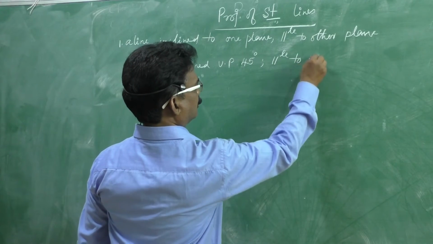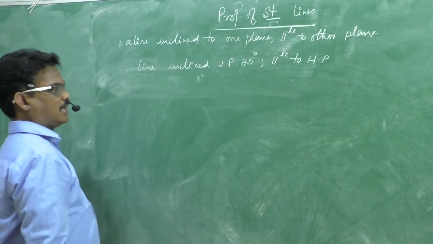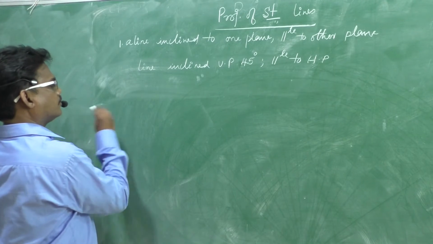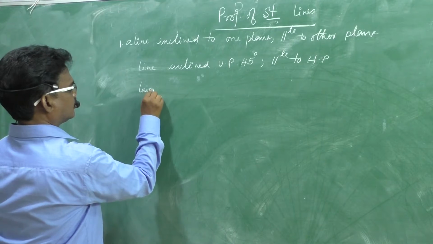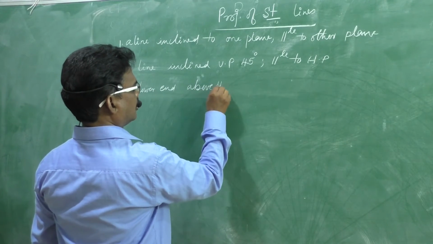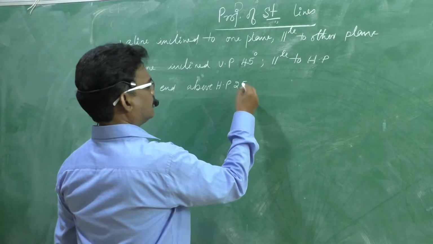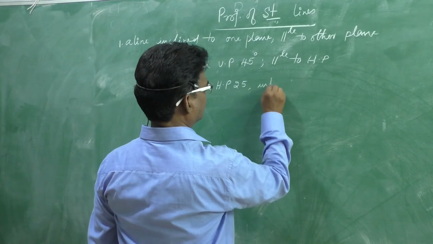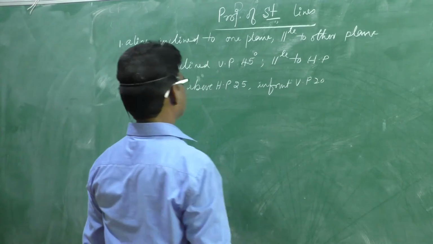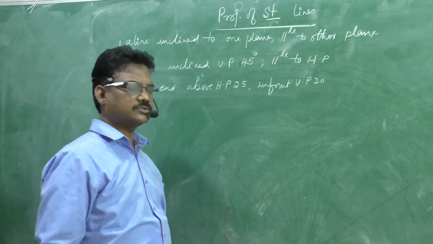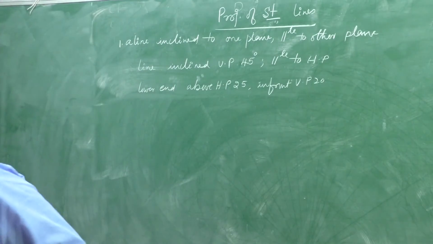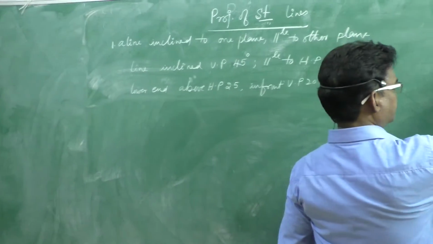And the lower end is above HP 25 mm and in front of VP 20 mm. This is the line given. Now just imagine this line first. For that purpose, we need to draw the principal planes.